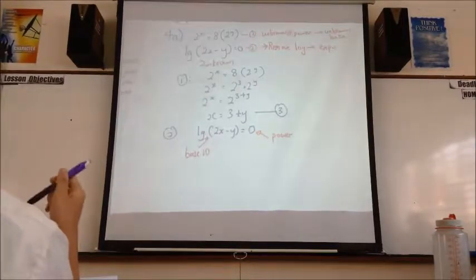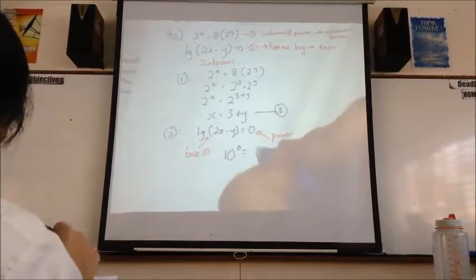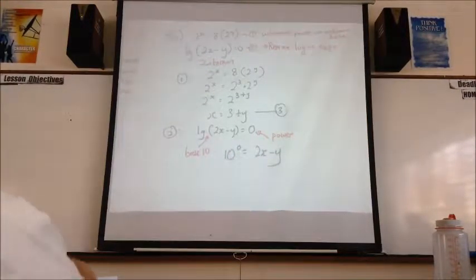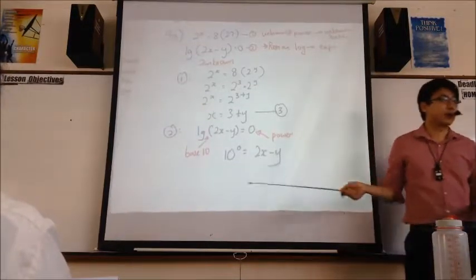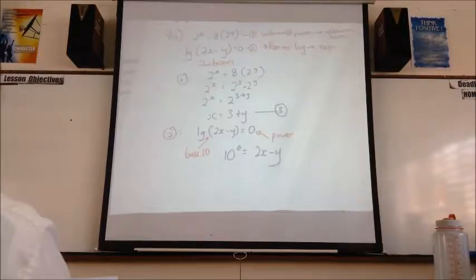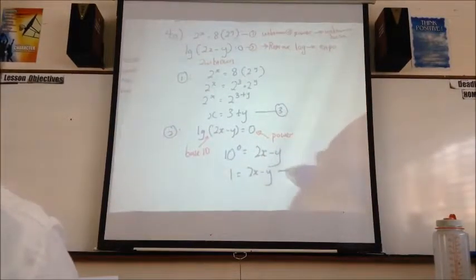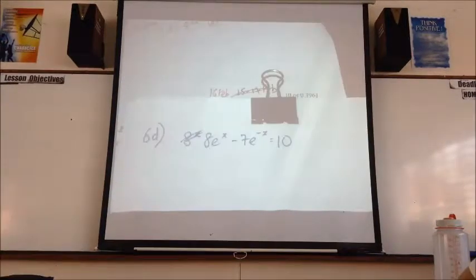So how will you write? 10 to the power of 0 is equal to 2x minus y. The worst thing that can happen now is you tell me 10 to the power of 0 is 0. It's 1, right? So 1 equals 2x minus y. Equation 4.